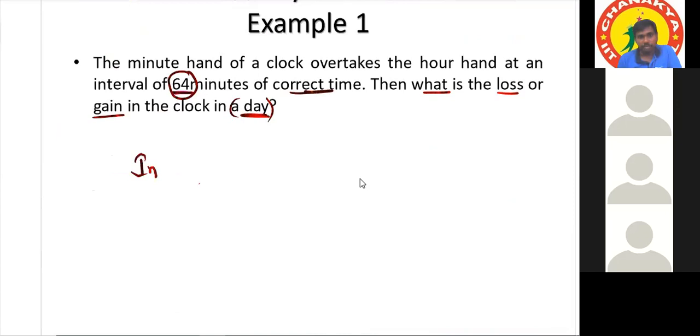So the gain is 716 by 11, I think. Okay, do the calculation and tell the final answer after doing simplification. In 64 minutes, the gain is how much?